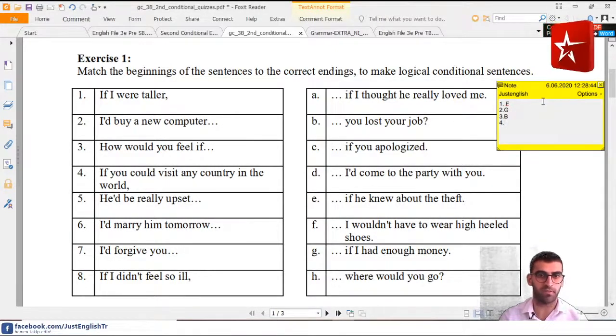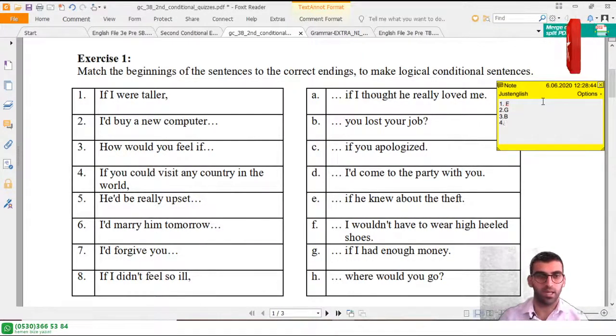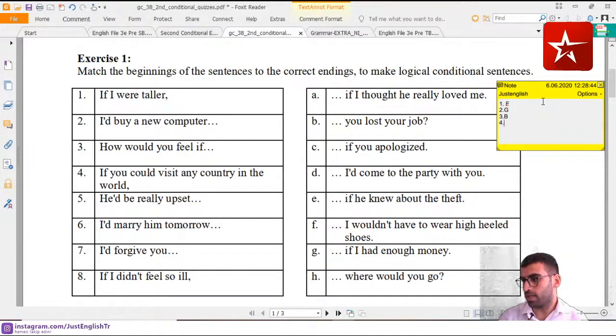I would forgive him. Wow. I would forgive him. In what case? I'd forgive you. Azime, Gusafa, Tuko, they say C is a correct answer.